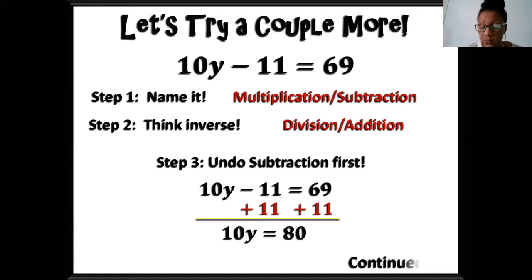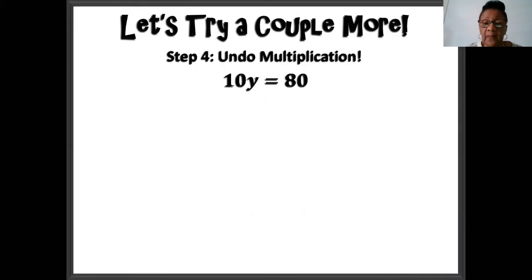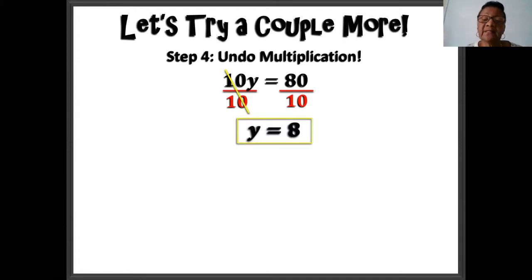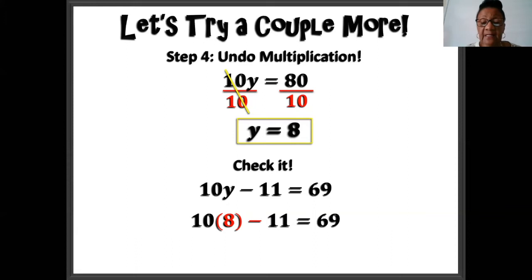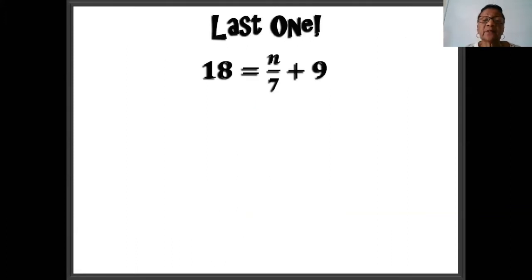And now we're not finished. Undo the multiplication. To undo the multiplication, we divide both sides by 10. And so y is equal to 8. 8 is the correct answer. But remember, we can also check our answer. 10 times 8 minus 11 is 69. So we know that our answer is correct.